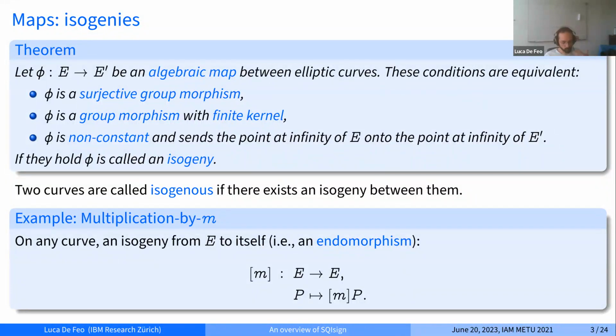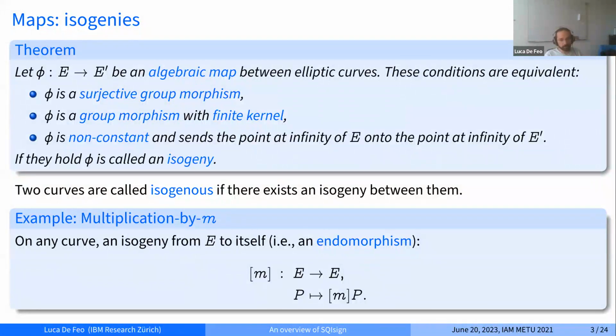And so when we work with isogenies, we always consider the set of all elliptic curves with isogenies between them, with all the possible maps between them. And so we can constrain these sets in different ways and obtain different classes of elliptic curves with isogeny relationships. So formally, an isogeny is an algebraic map between elliptic curves.